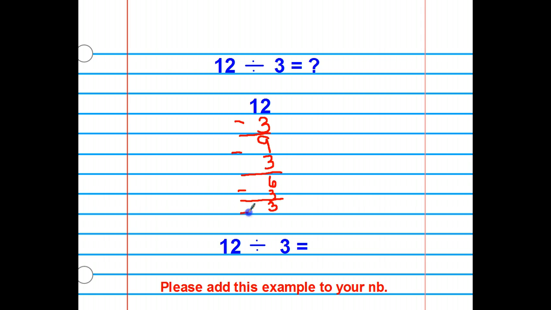And 3 minus 3 gives me 0. How many times was I able to subtract it? Well, 1, 2, 3, and 4. I was able to subtract 3 from 12 4 times. Therefore, 12 divided by 3 is 4. So if you'll quickly and more neatly than I did jot that into your notebook, you'll have a real sense of what division actually means.